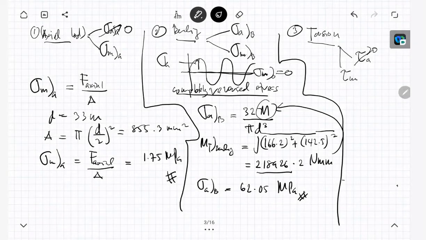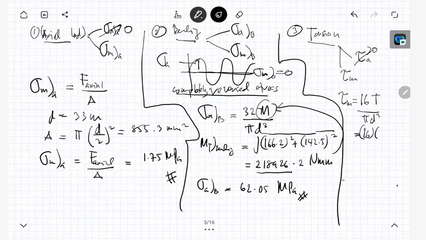Okay, so for the mean shear stress, tau mean equals 16 torque, 300 convert from Newton meter to Newton millimeter.